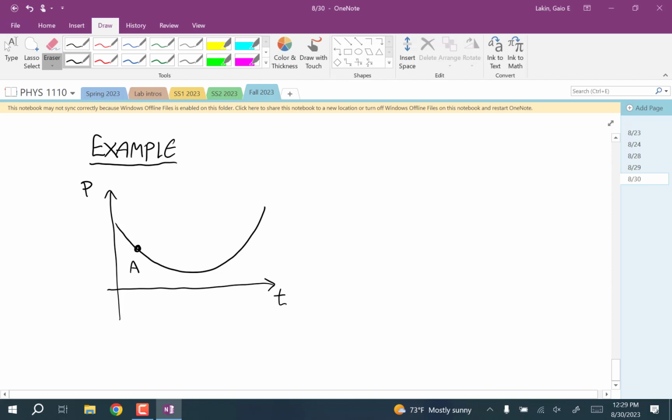And we'll call that point A and that point B. And let's say that this represents a horizontal motion where positive is this way and negative is this way.